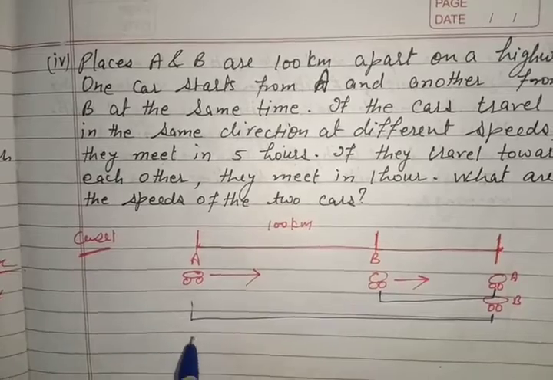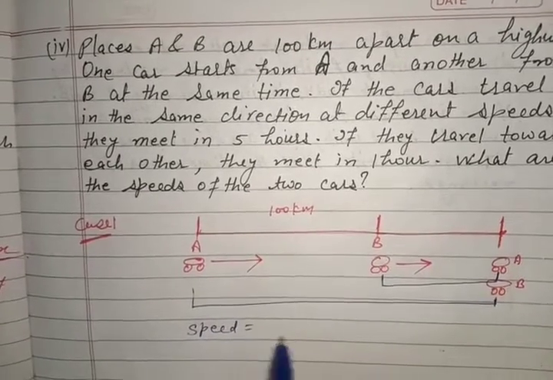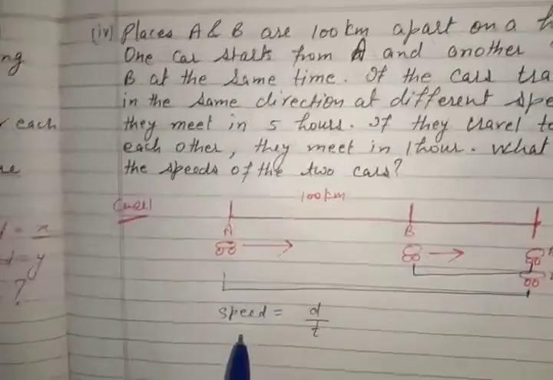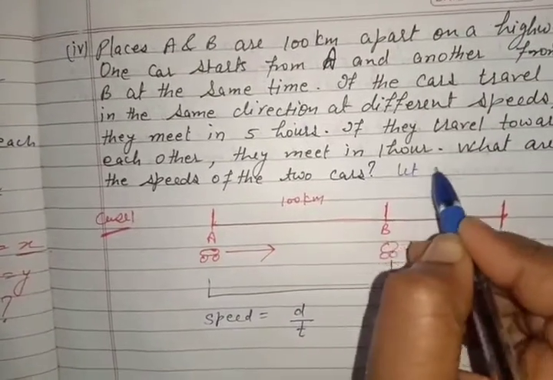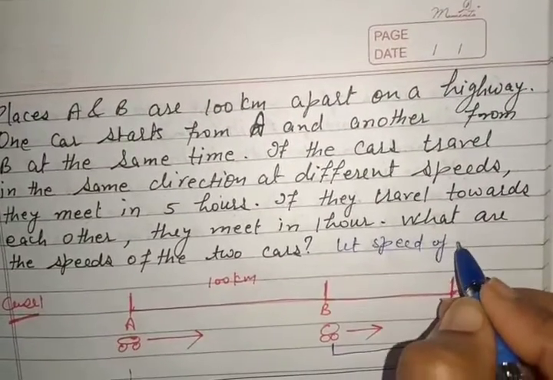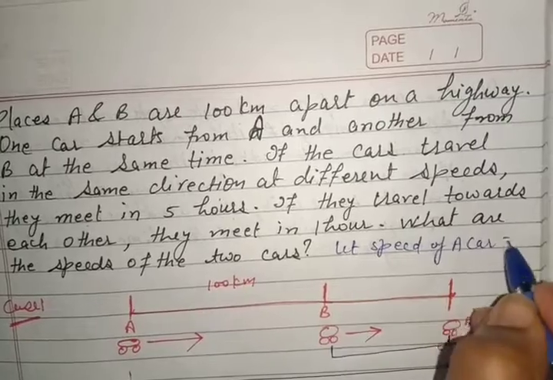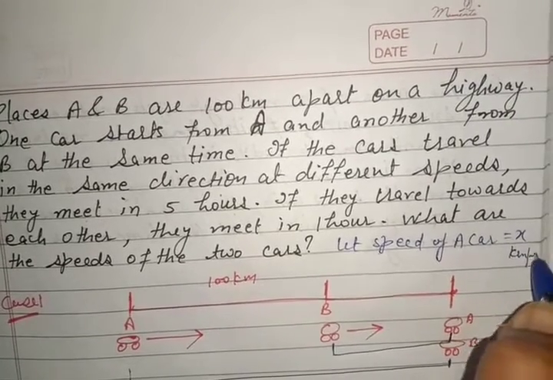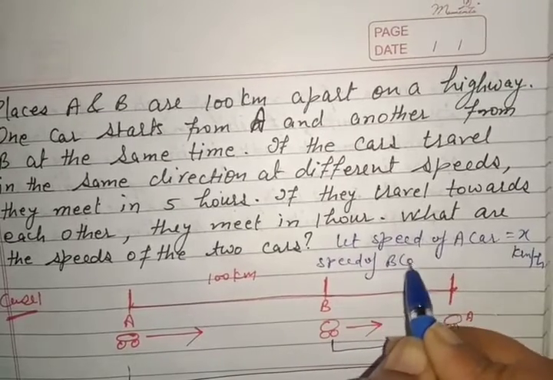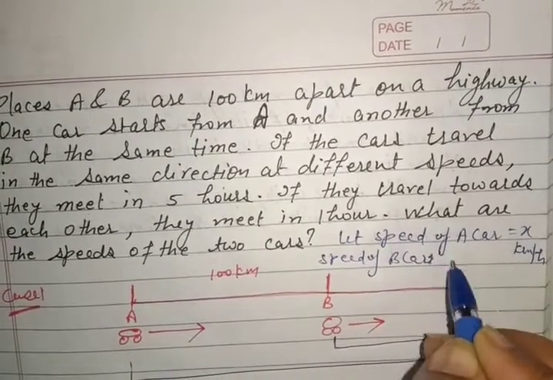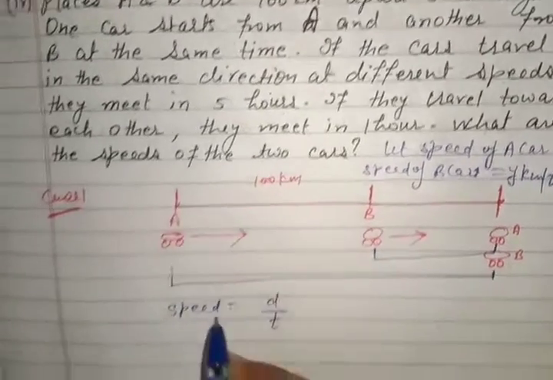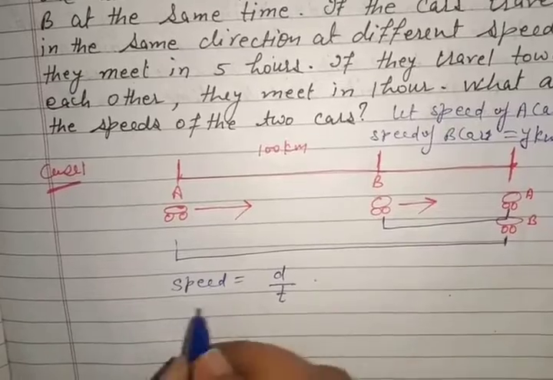If you know the formula for speed, speed is equals to distance upon time. So let speed of A car, or you can write car at place A, be x, and speed of B car, means car at place B, is equals to y. One is x, one is y. So speed is equals to distance upon time.